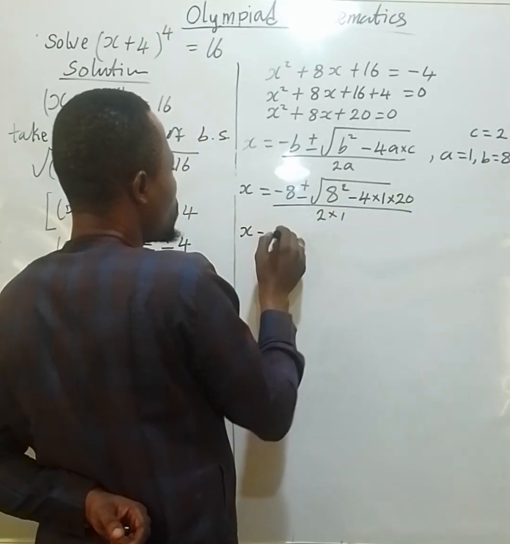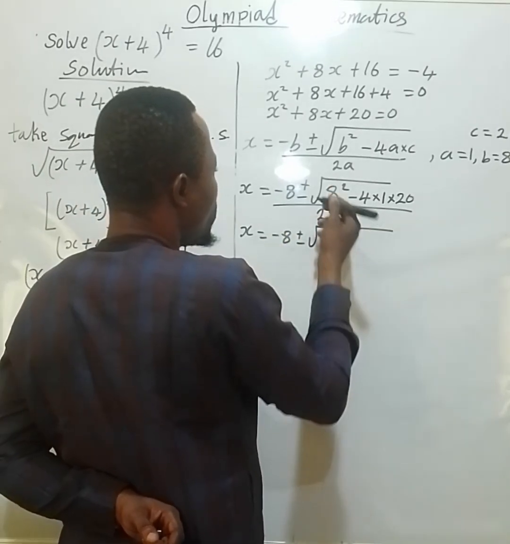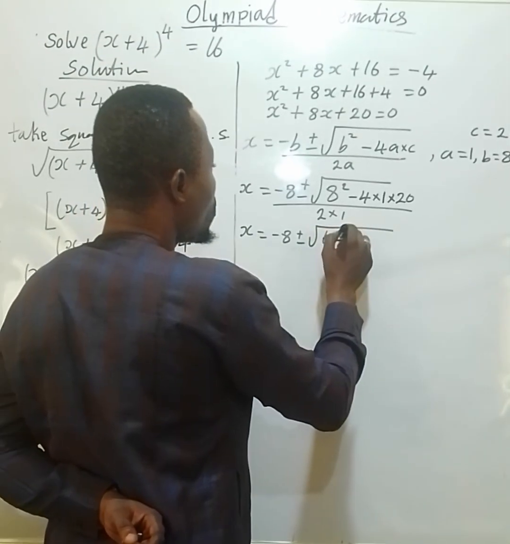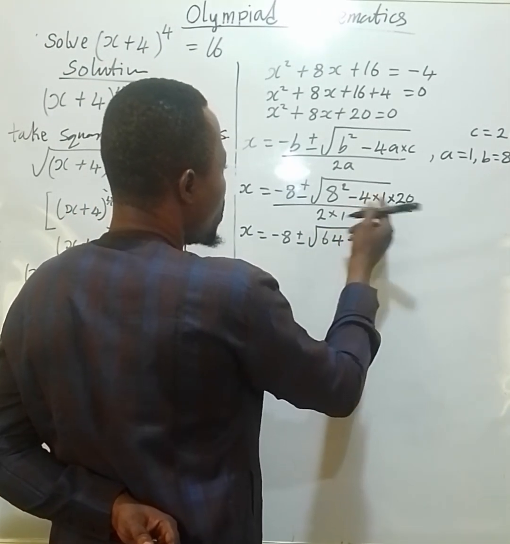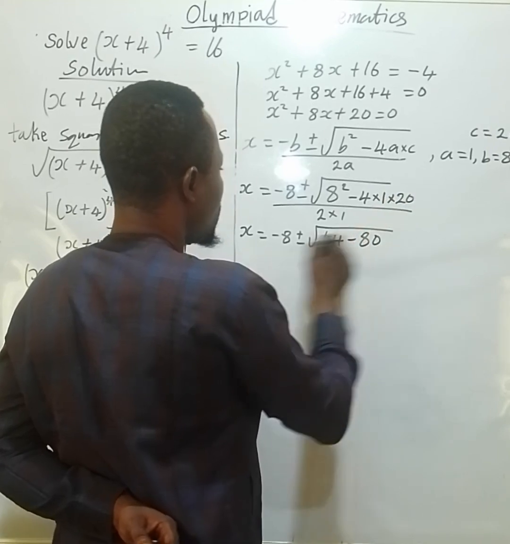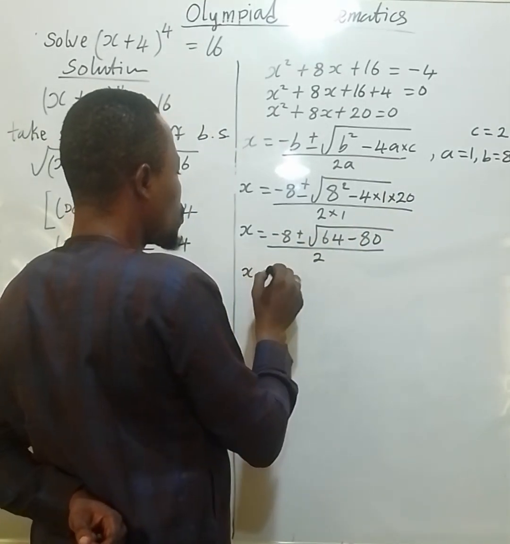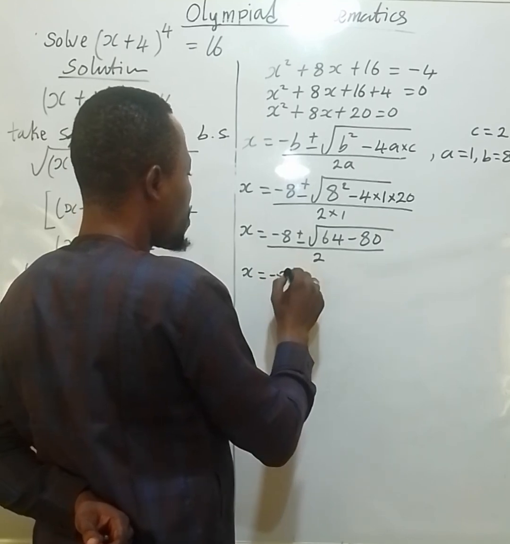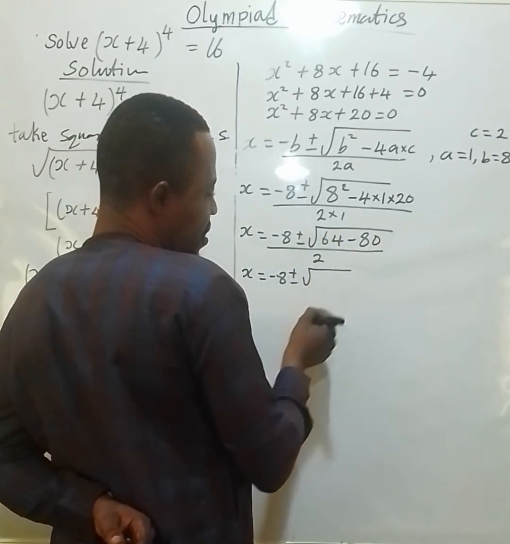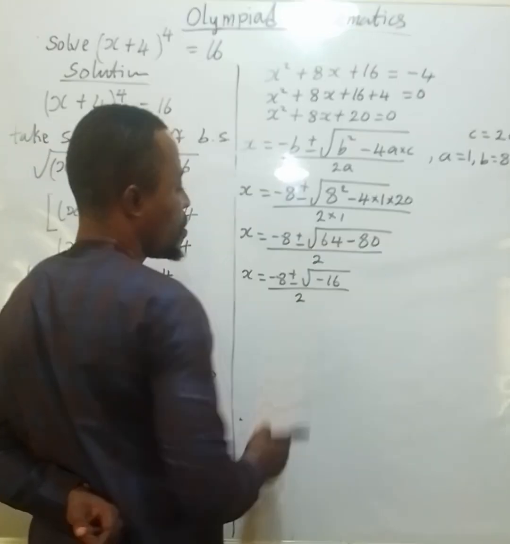x equals minus 8 plus or minus the square root of 8 squared, which means 8 times 8, which is 64, then minus 4 times 1 times 20, that's 80, all over 2. x equals minus 8 plus or minus the square root of 16 minus 80, which gives us minus 64, all over 2.